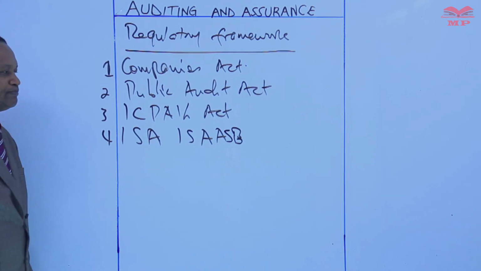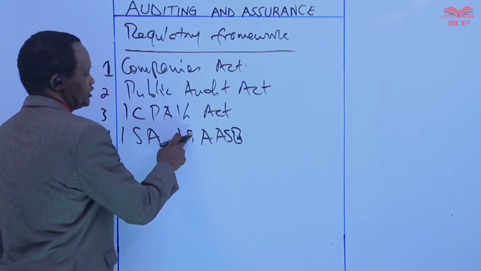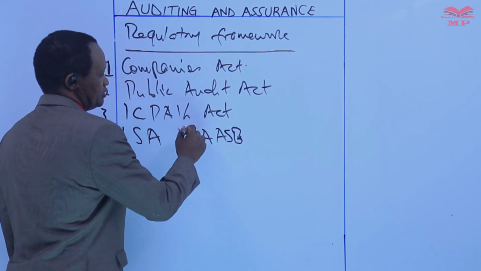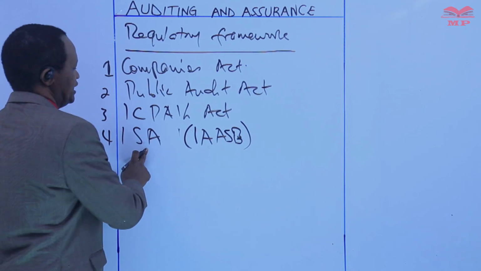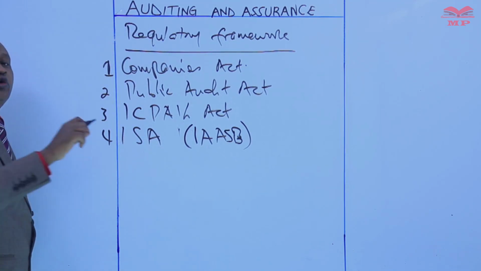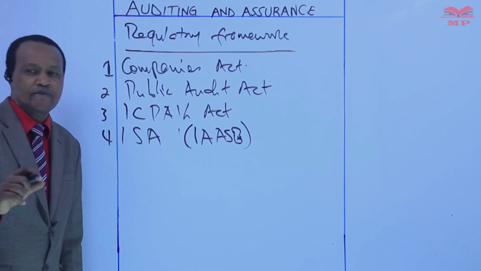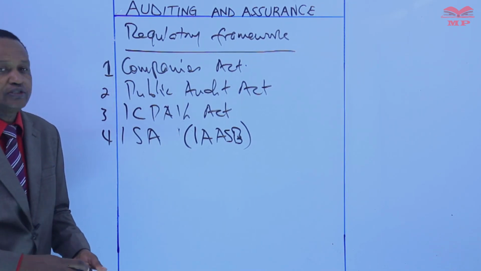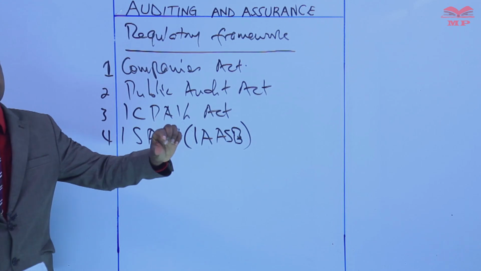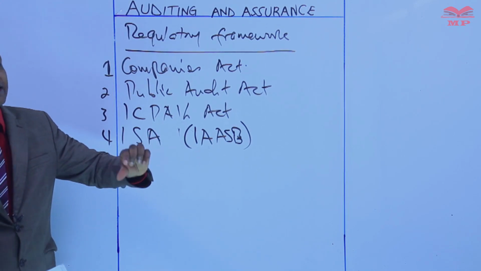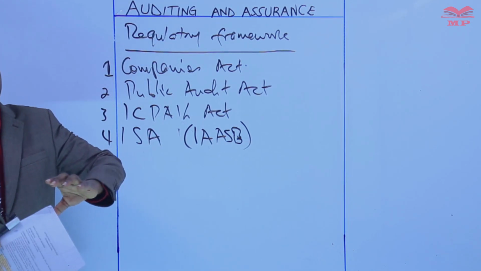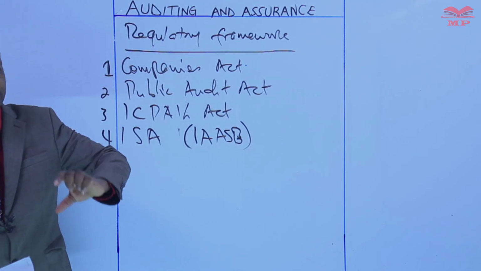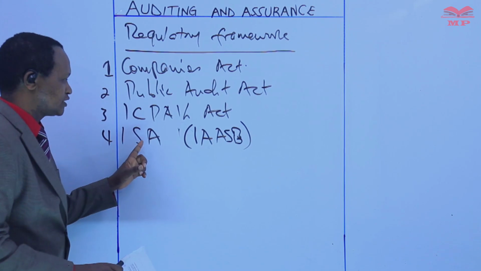The IAASB, the International Auditing and Assurance Standards Board, issues international standards on auditing. Right? And these standards provide guidance on the conduct of audits. So ISAs are generally accepted. They are adopted in Kenya and many other countries, and auditors are expected to comply with the International Standards on Auditing.